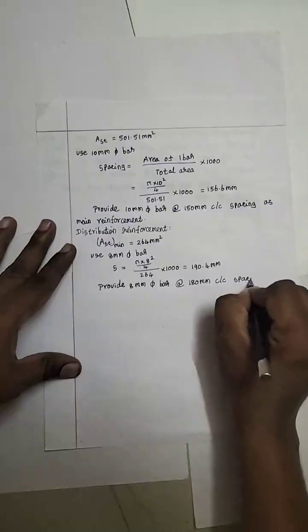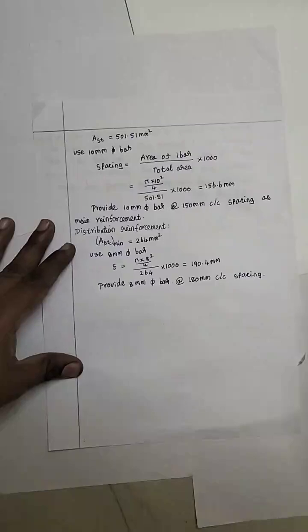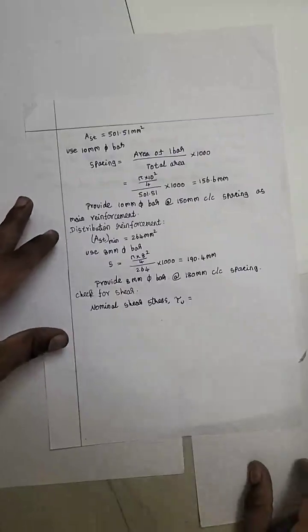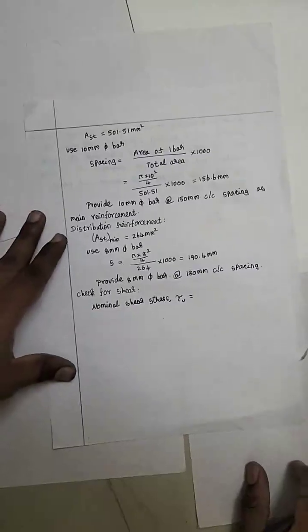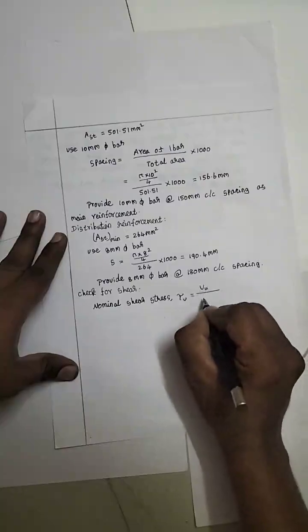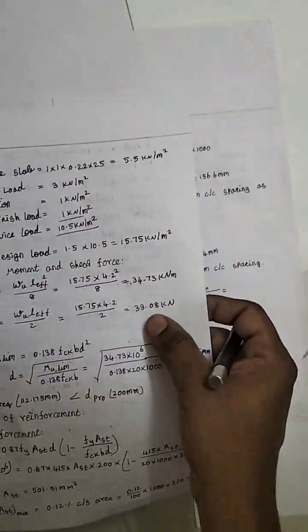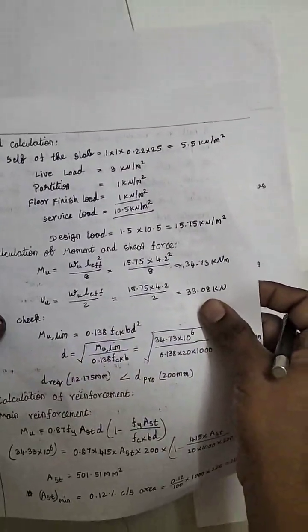Next step is we need to check it for the shear. First step is nominal shear stress, the formula which is given in our codebook on page number 72: VU divided by BD. The VU value which we have already calculated is 33.08 kilonewton.